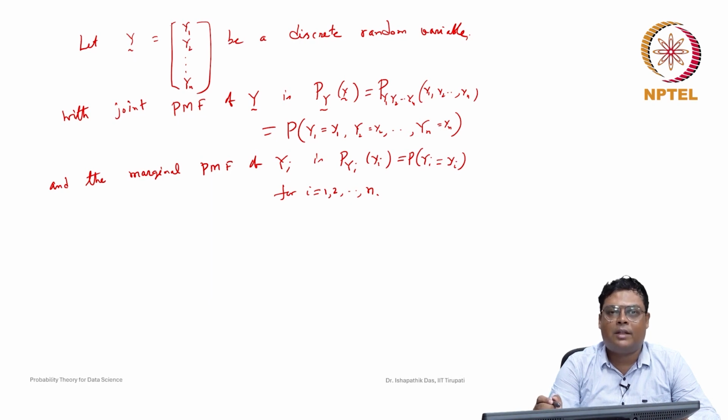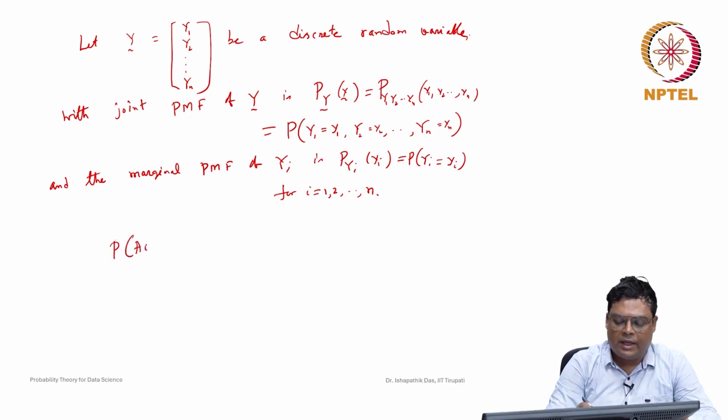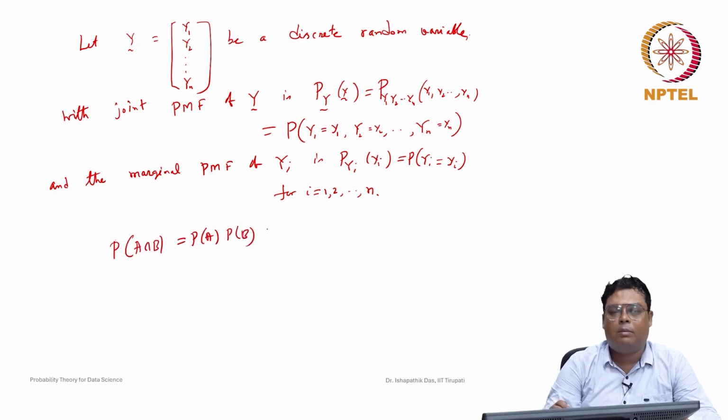You can remember how the independence concept was discussed. For two events we say independent when the probability of A intersection B is the probability of A times the probability of B. Whenever it is a random variable, the concept is different. Independence is defined with respect to the probability mass function if it is discrete, and with respect to the probability density function if continuous; cumulative distribution function can also give definitions for independence.